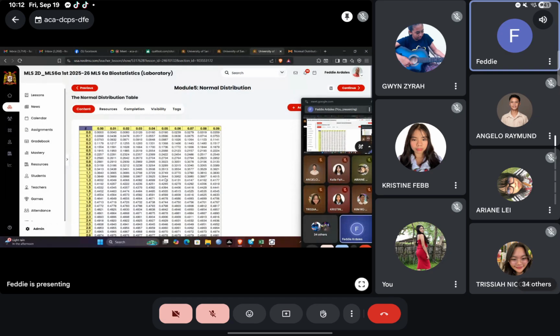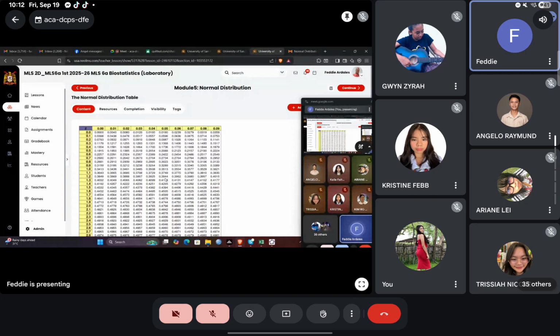Take note, there are two tables: one starts at 0.0, the other at 0.5 as the starting value. There are cases where you need to add 0.5 or not, especially if your graph passes to the left or to the right of the mean.